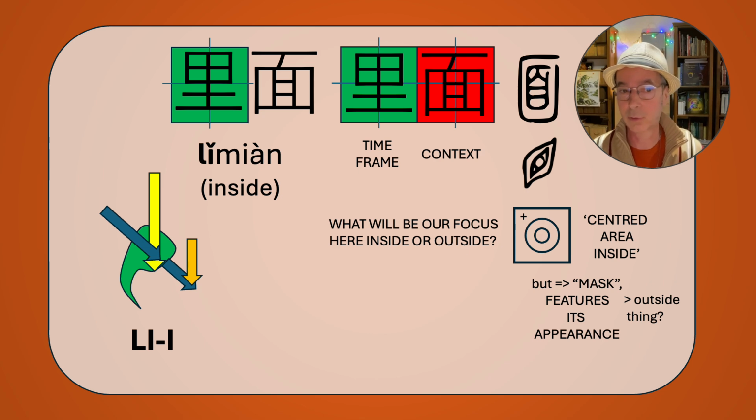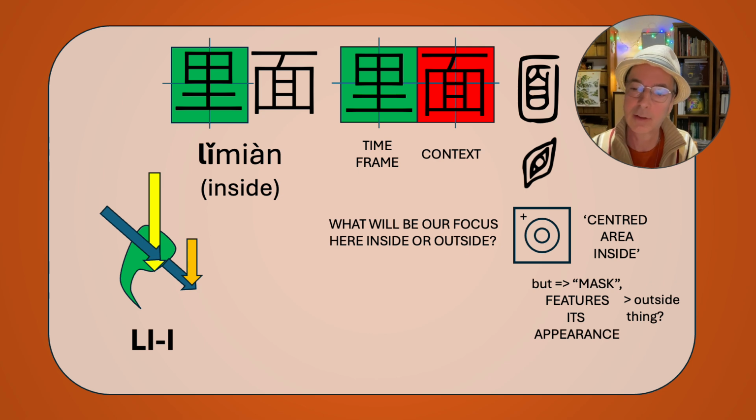We know we have to make a word that should present inside, but actually this second word, lǐmiàn, is not about the inside. There is something inside, yes, but there's something extra to it, and that is at the outside.